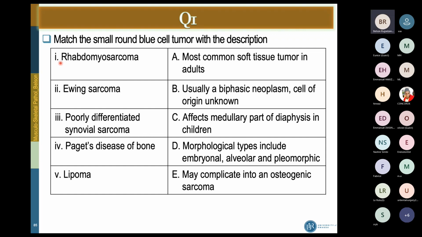No explanation. Okay, so 2. C for rhabdomyosarcoma, we saw the subtypes. And what do you remember about the subtypes in a prognostic way?